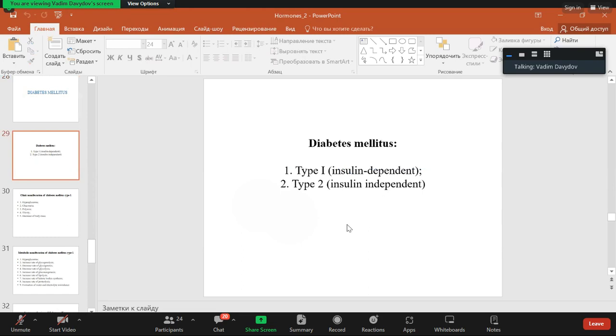Diabetes mellitus may be subdivided into two major types: type 1, insulin dependent, and type 2, insulin independent. Type 2, insulin independent diabetes mellitus, is coupled with the appearance of insulin resistance. What does insulin resistance mean?